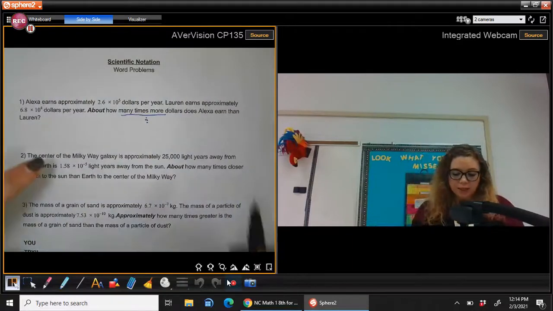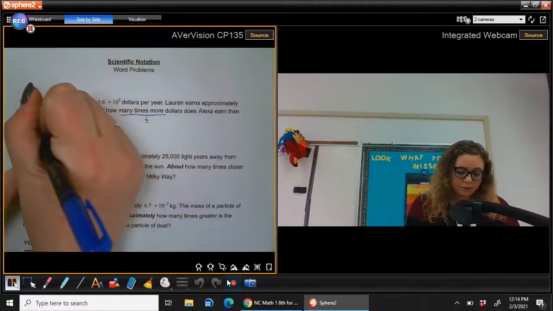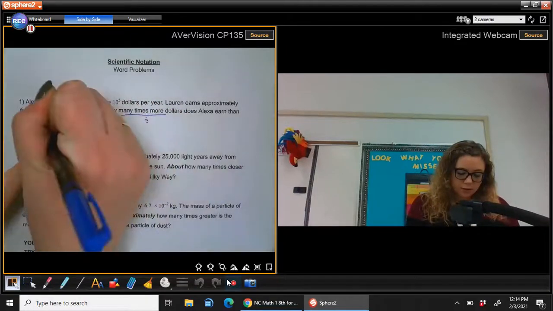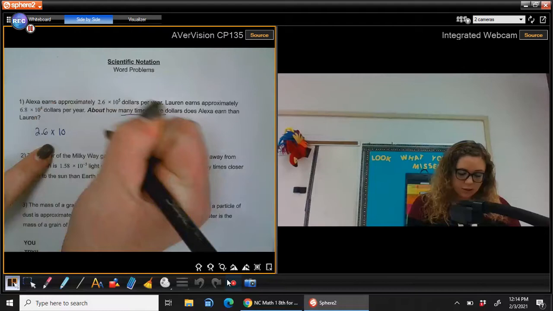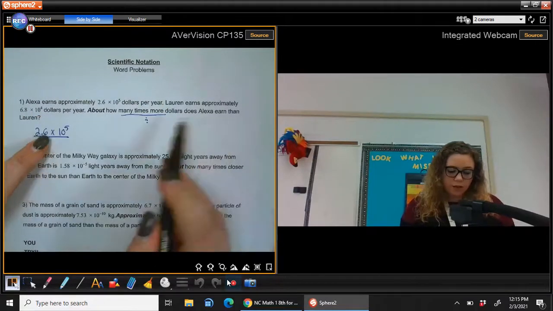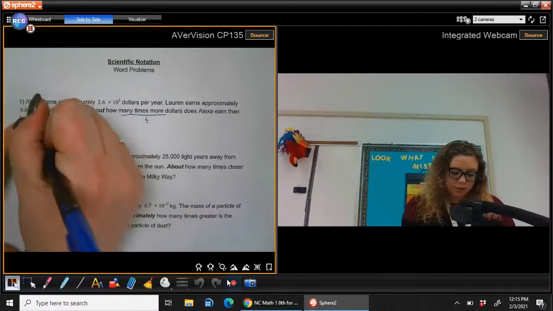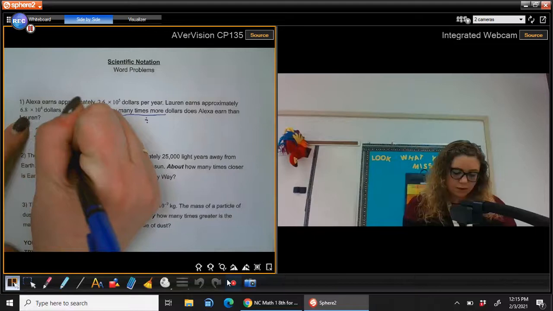So let's look. It says, does Alexia earn than Lauren. So I'm going to put Alexia on top, 2.6 times 10 to the 5th, and Lauren is 6.8 times 10 to the 4th.